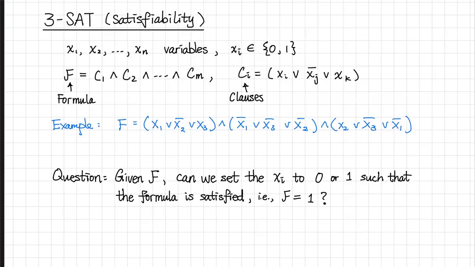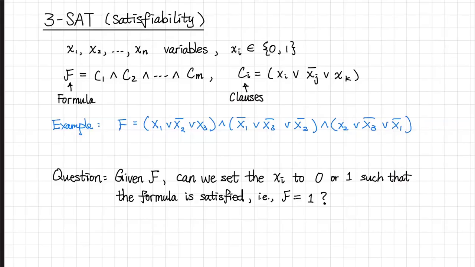Okay, so now here's an example for 3 SAT. We have three clauses. The question for 3 SAT is: given this formula, can you set each of the variables to either 0 or 1 such that this formula is satisfied? Satisfied means it evaluates to true.